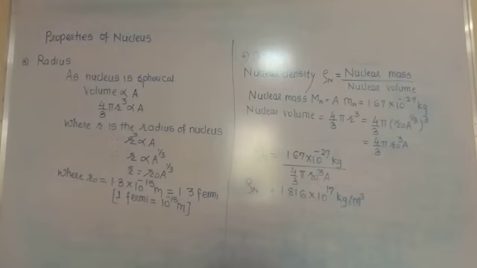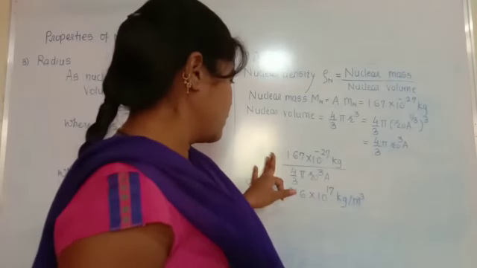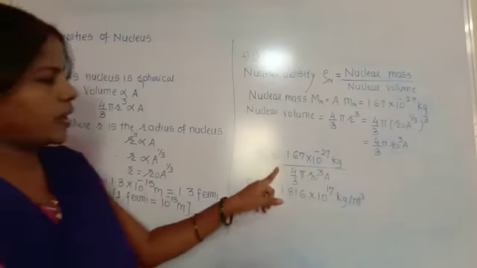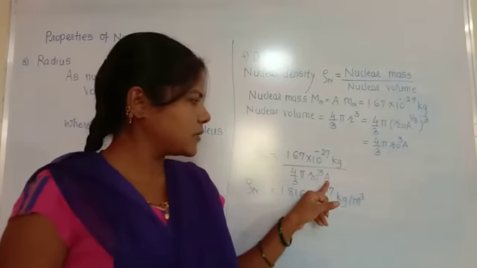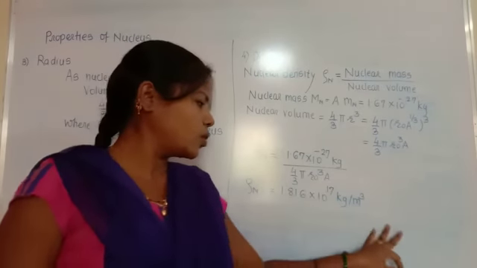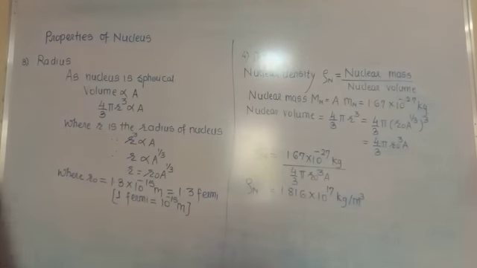The value of density is 1.816 into 10 to the power 17 kg per meter cube, as the density of the nucleus is independent of A. Here there is no representation of A, because after calculation it is cancelled. So the density of the nucleus is independent of A.